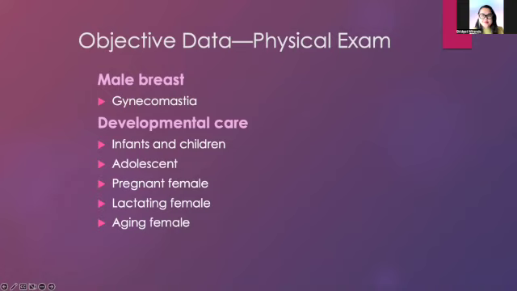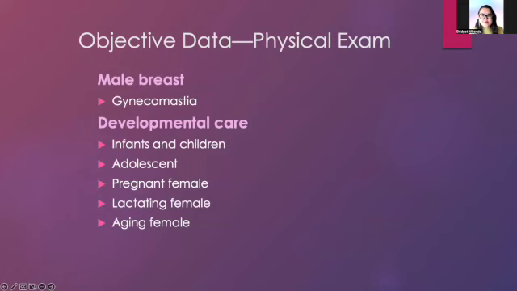So what causes other types of gynecomastia? It can also be caused by anabolic steroids, medications, cirrhosis of the liver, and other diseases that can be found in Jarvis. I think it's table 18.8. You also want to consider developmental care, infants and children when breast buds are developing.